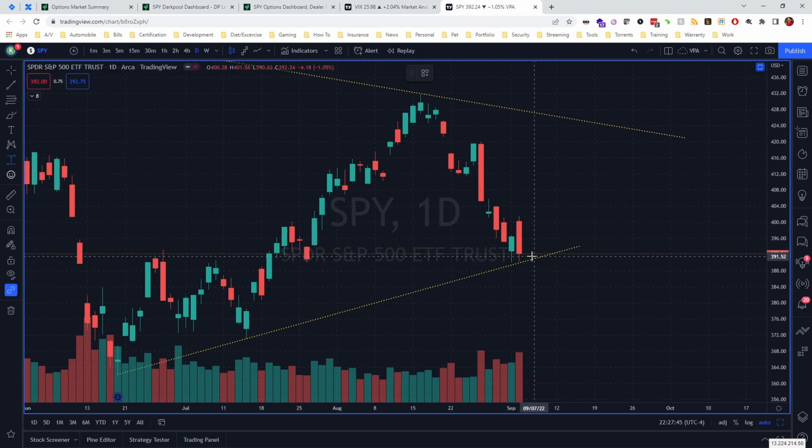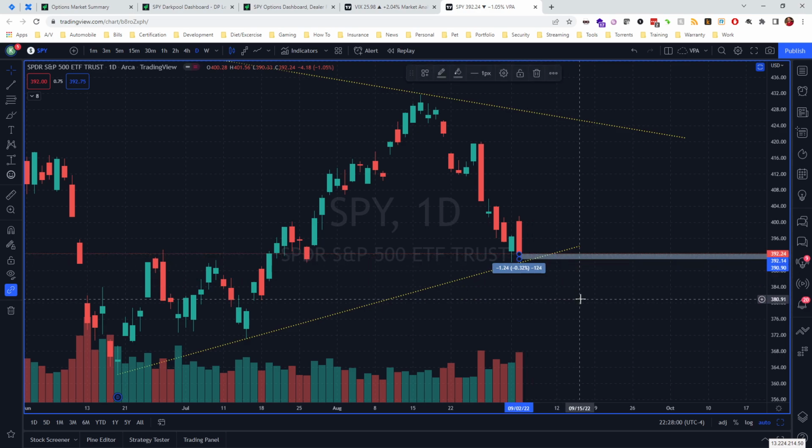Now, the probability of a negative 1.2% move is actually a pretty small move, right? So we're not looking at anything major there in terms of SPY. And if we're looking at it being positive, it essentially means we'd be pinned in a tight range if that were to happen over the course of the next 5 days.